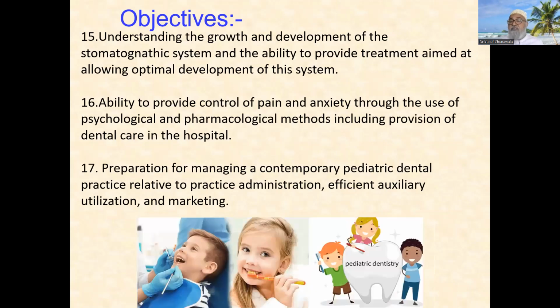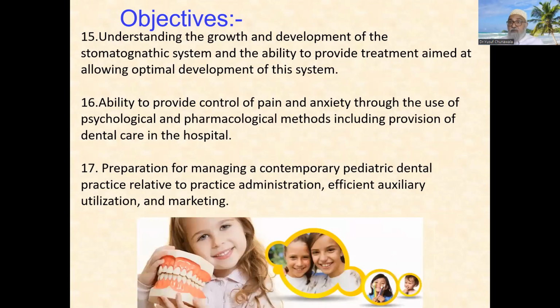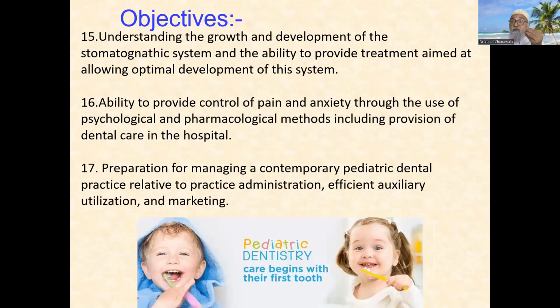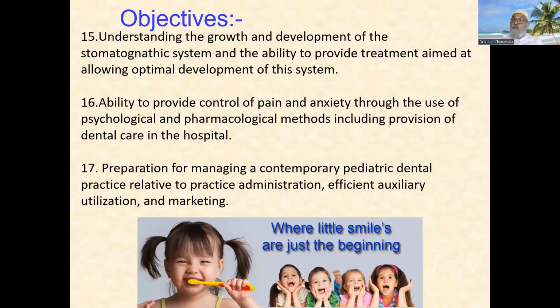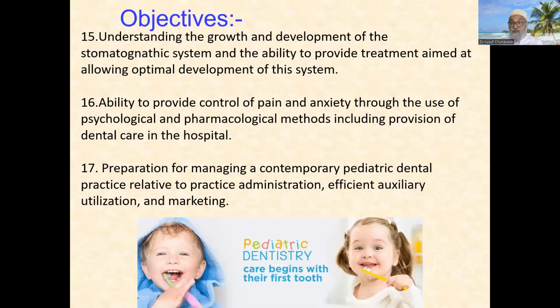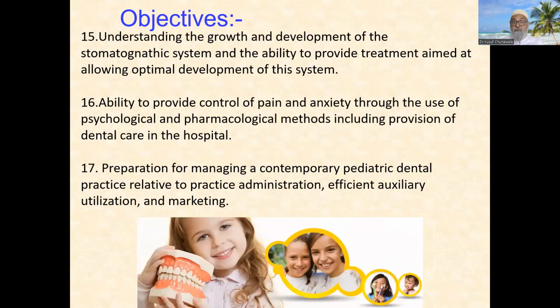And sometimes these kids require a lot of dental care. Multiple sittings might be required, and it might be very difficult to perform treatment for these children. So in such situations, you might have to do the treatment under general anesthesia in the hospital setup.